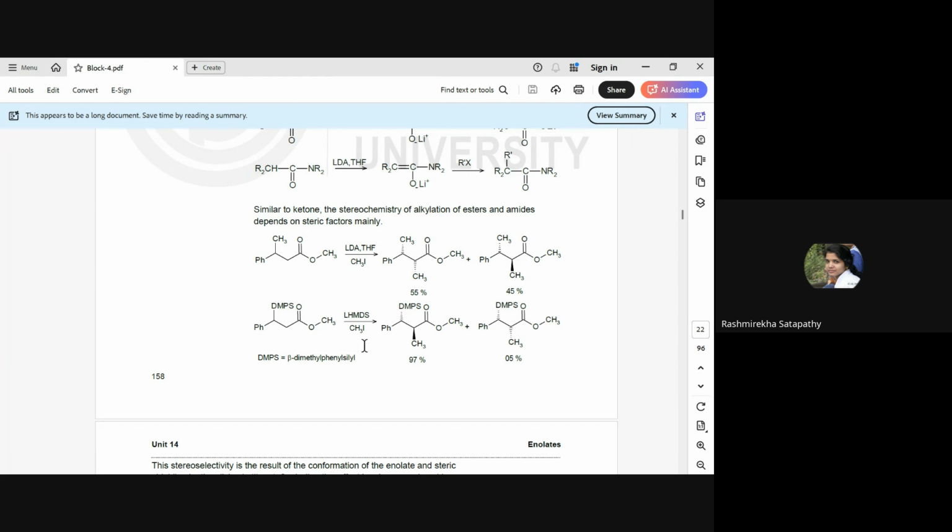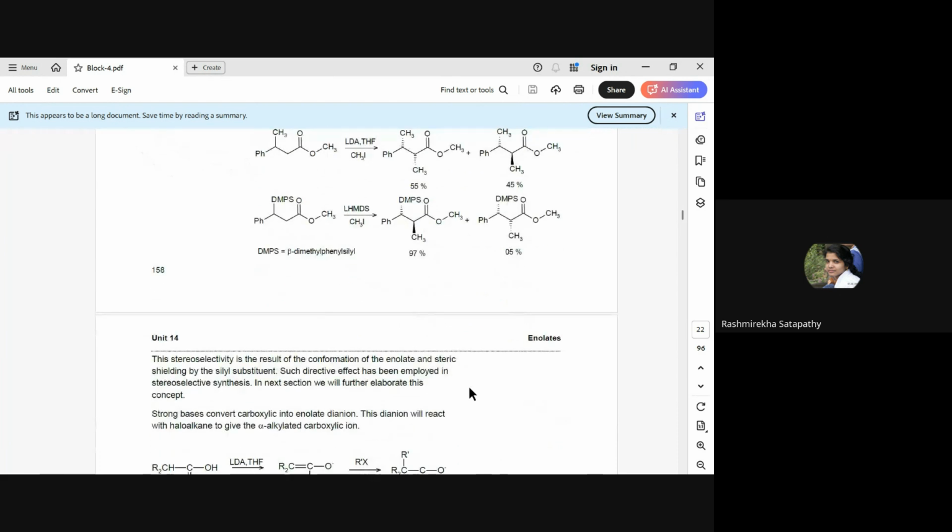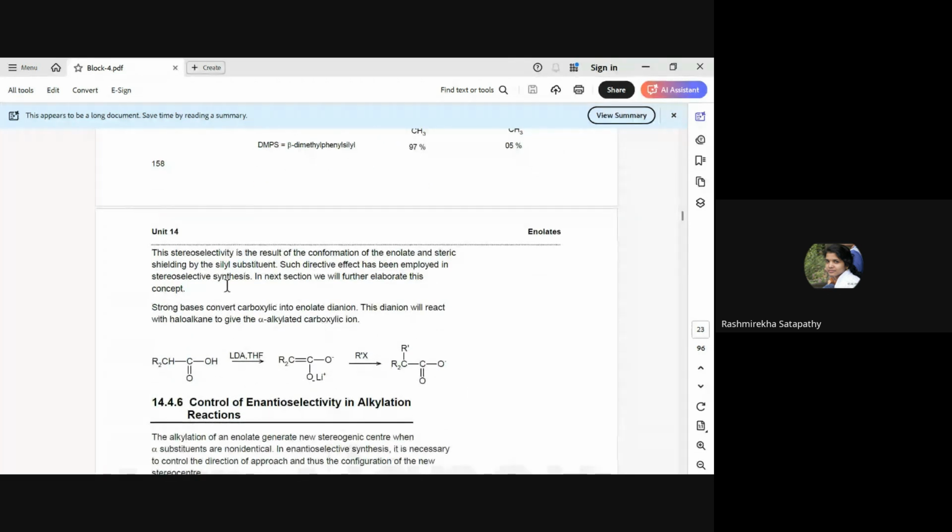Here it is 97%, and only 5% is forming. The stereoselectivity is the result of the conformation of the enolate and steric shielding by the silyl substituent. Such directive effects have been employed in stereoselective synthesis in the next section.